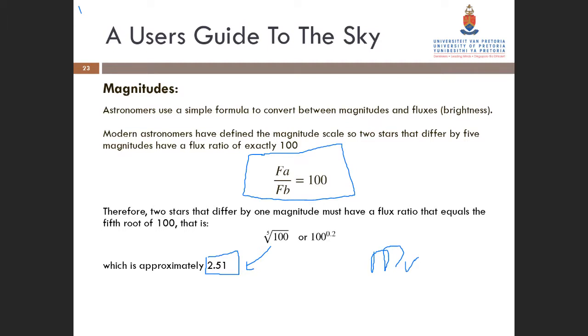So what are FA and FB? Those are the fluxes of those stars. For example, this can be magnitude 1 and that can be magnitude 6, so they differ by 5, and that gives us a ratio of 100.